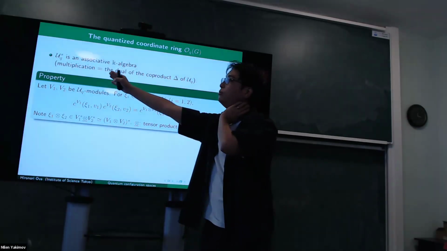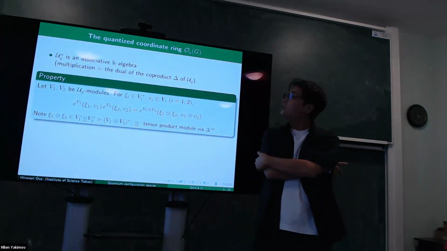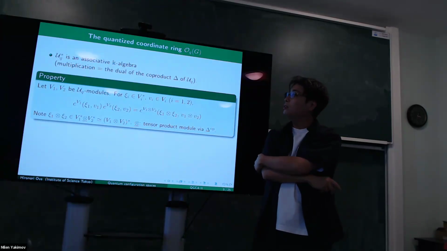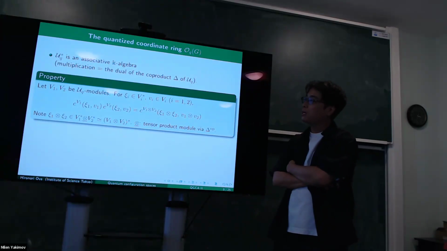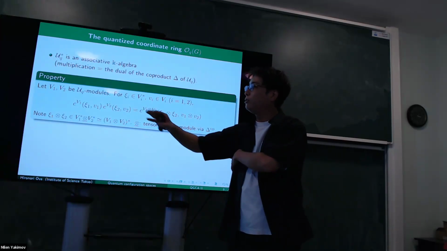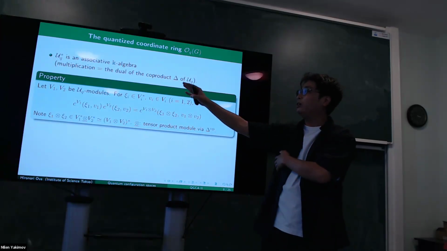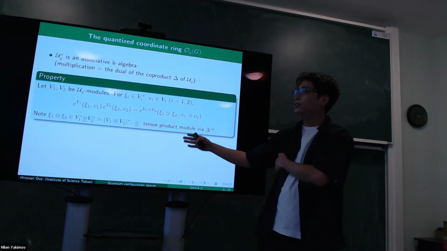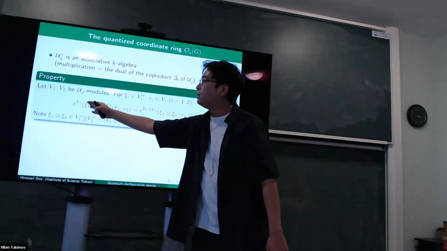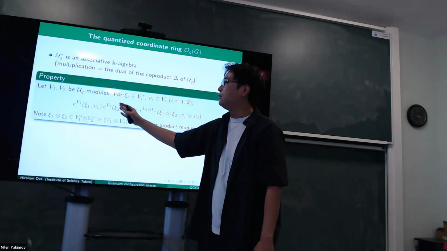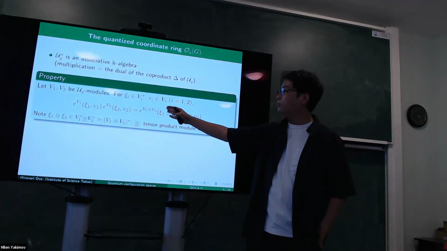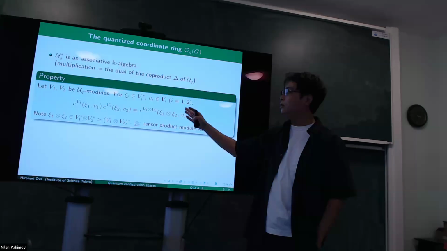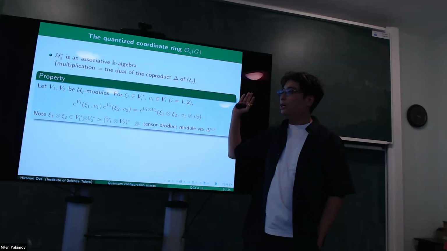The dual of UQ has the structure of an associative algebra, which is the dual of the coproduct of UQ. In terms of matrix coefficients, the multiplication is described this way: C1 V1 times C2 V2 is equal to C of C1 tensor C2 and V1 tensor V2.